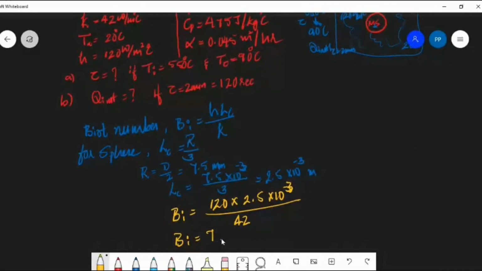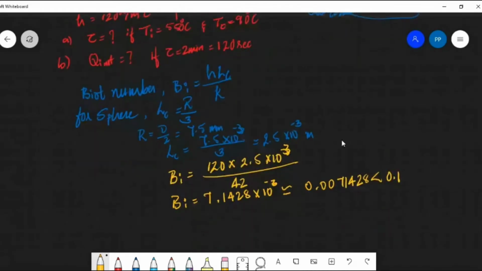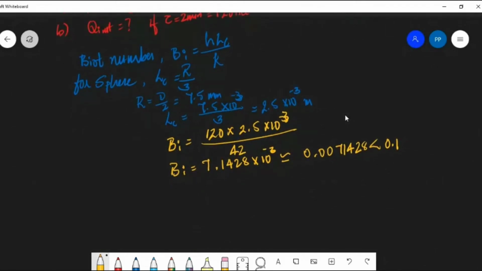If I write this in terms of regular numbers without 10 to the power of minus 3, it would be 0.00714, which is less than 0.1.